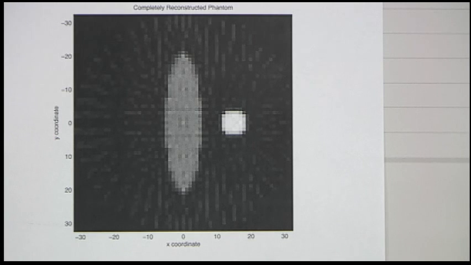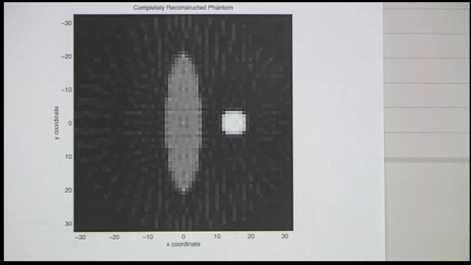And as you might imagine would be reasonable, the sinogram needs to have about the same amount of information in it as the image you're trying to reconstruct. Otherwise, you'd be getting something for nothing.